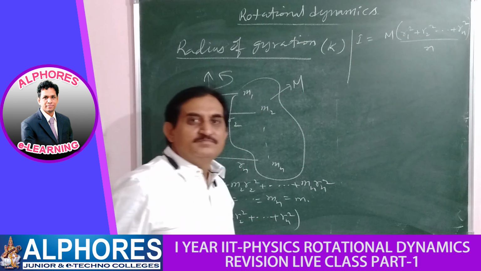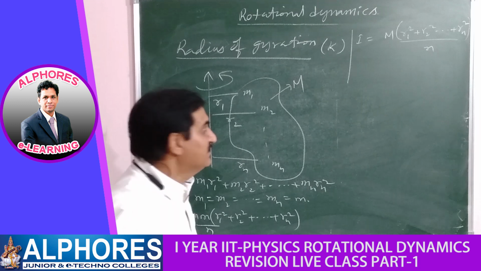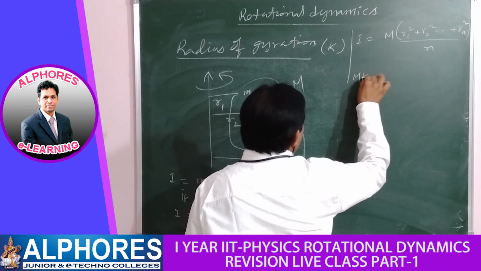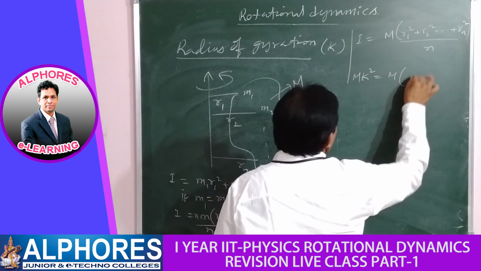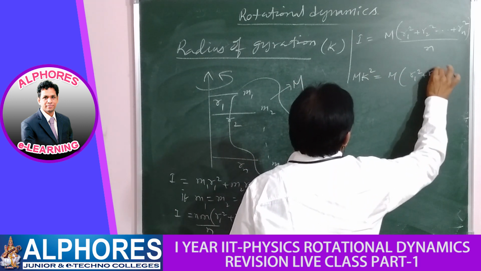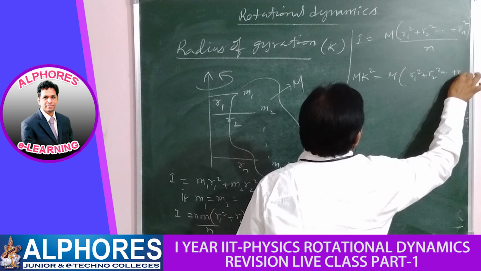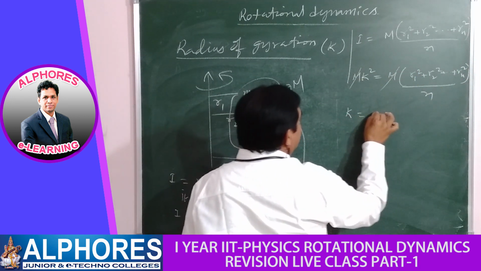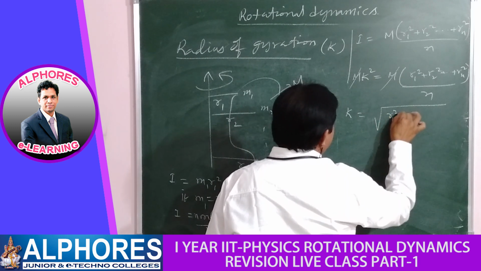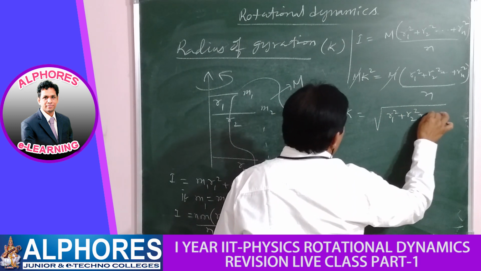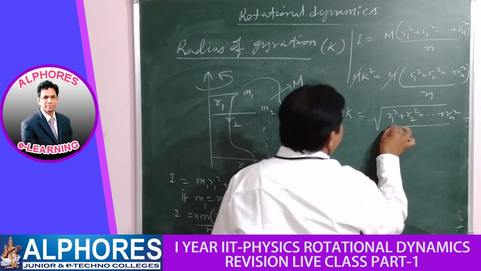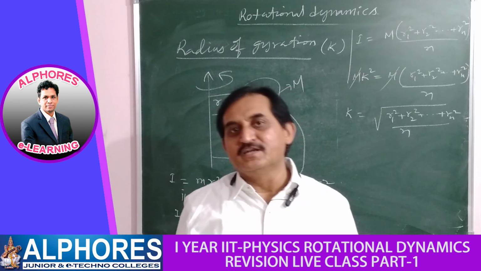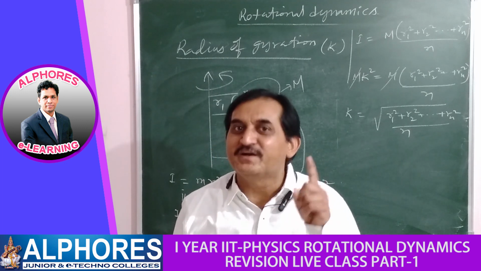We are finding the radius of gyration, therefore instead of I, let us substitute mk square, which equals M times r1 square plus r2 square plus so on, rn square by n. M gets cancelled. k is equal to root over r1 square plus r2 square plus so on, rn square by n. This is one more formula to find the radius of gyration of a system of particles.